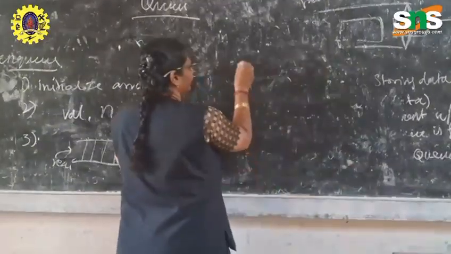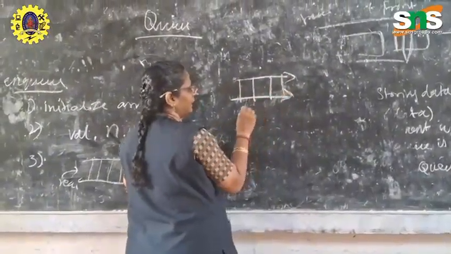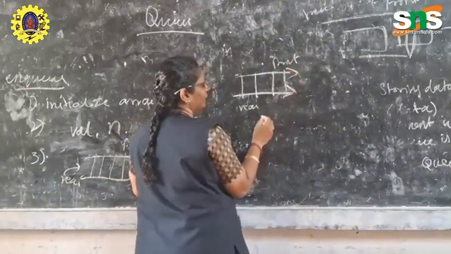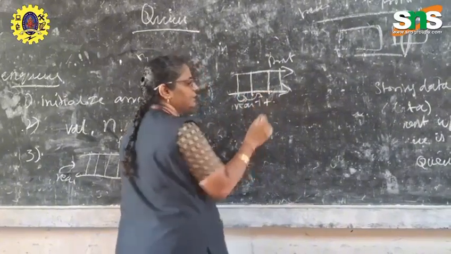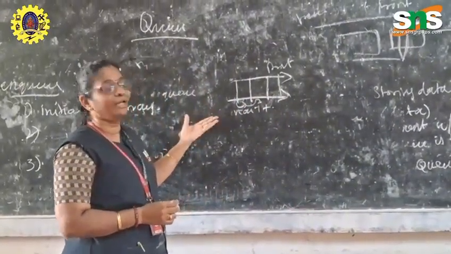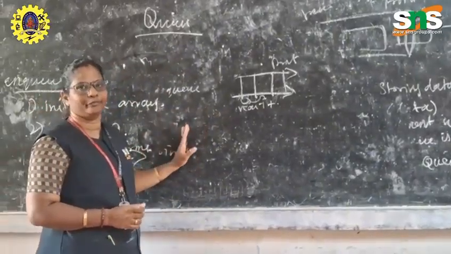Here we have the rear position and the front position. The rear will be incremented after inserting every element in a queue. So this is the main NQ concept in a queue. Thank you.